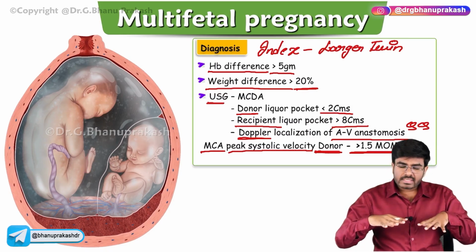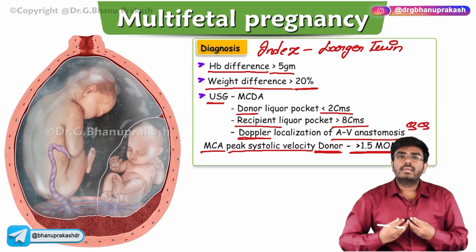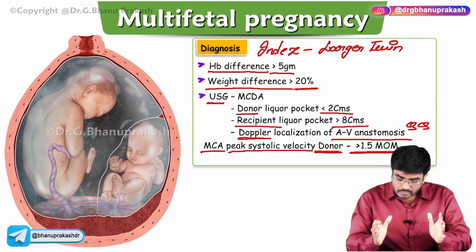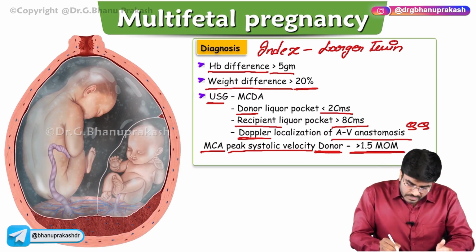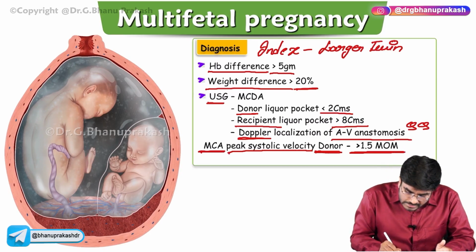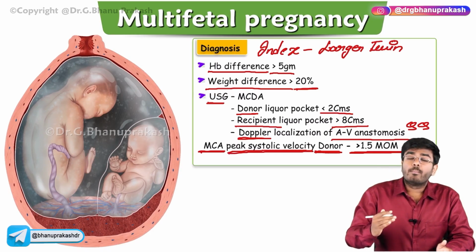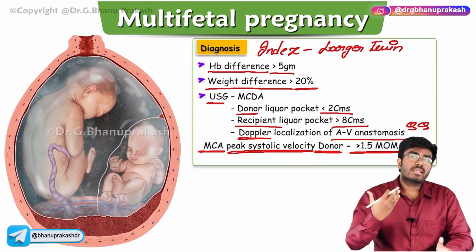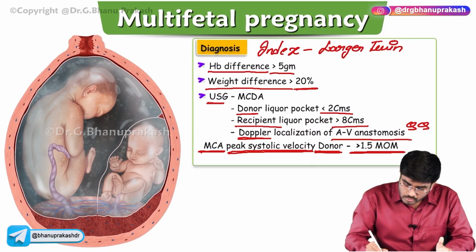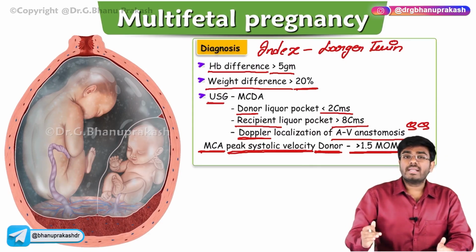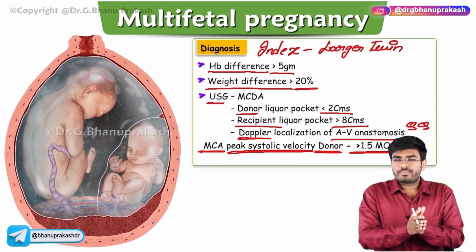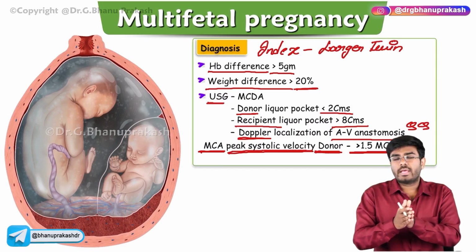It's going to decrease the blood flow to all the peripheral organs, but it maintains the blood flow at least to the brain. So if you look at the donor twin, the middle cerebral artery peak systolic velocity will be more. Much more blood is now being directed towards the cerebral vasculature, so more than 1.5 multiples of the median when you compare with the normal median value.